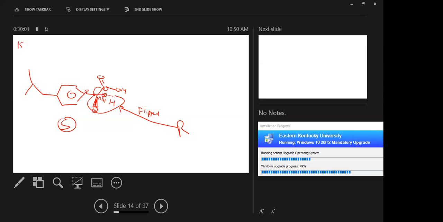And the R is just flipped. Any questions on that?